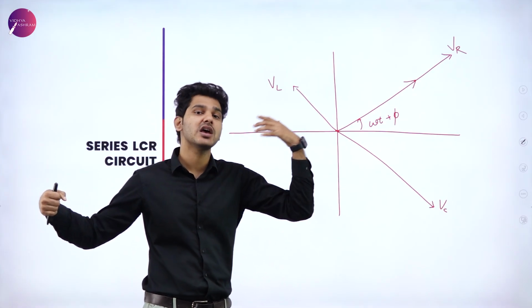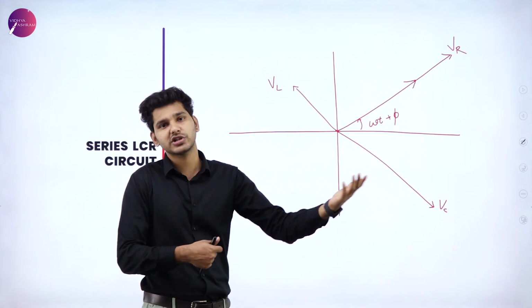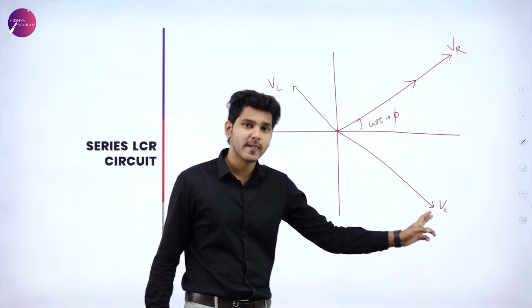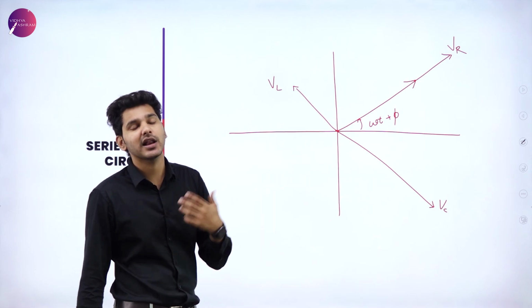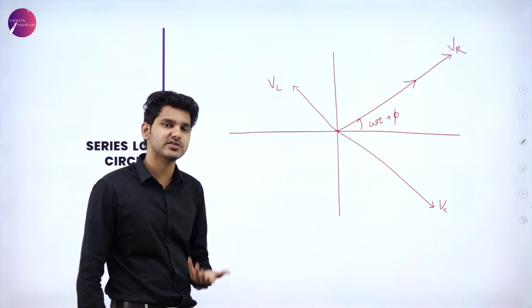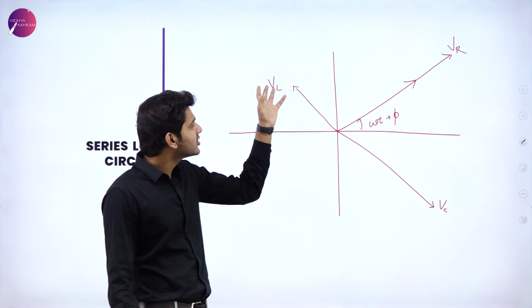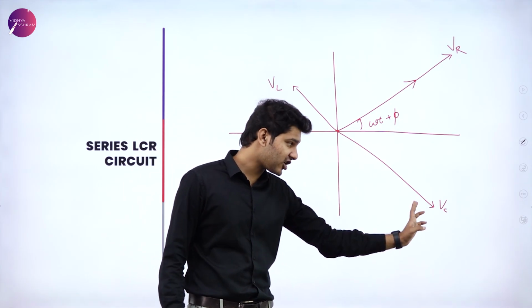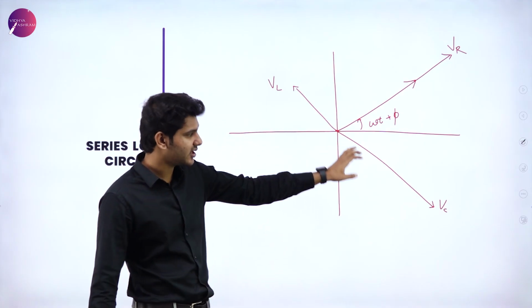Whichever person is pulling harder, the resultant will be in that particular direction. Since this length is more, the voltage applied along the capacitor will be more, because the capacitor stores some charge. So this will be the resultant direction, not this long but slightly.